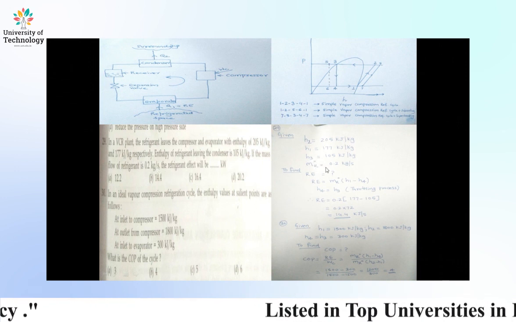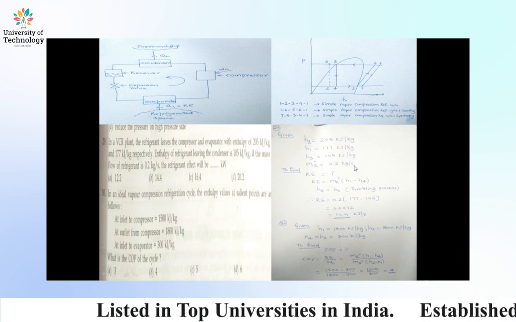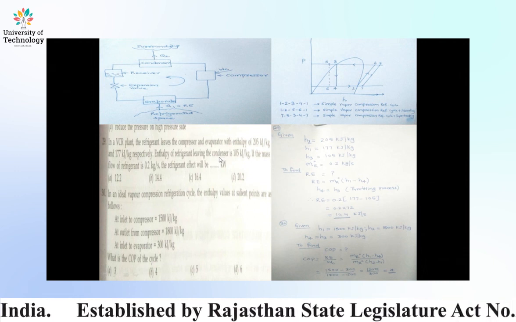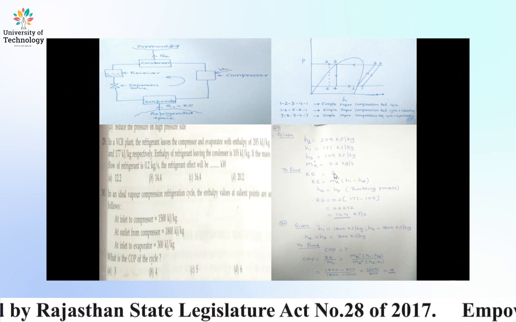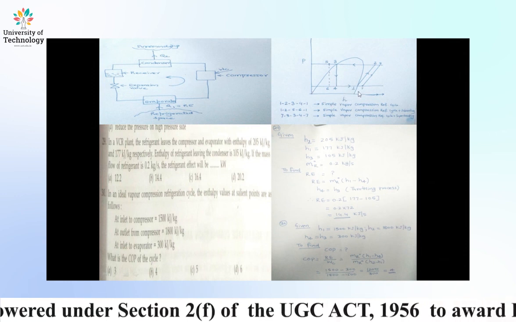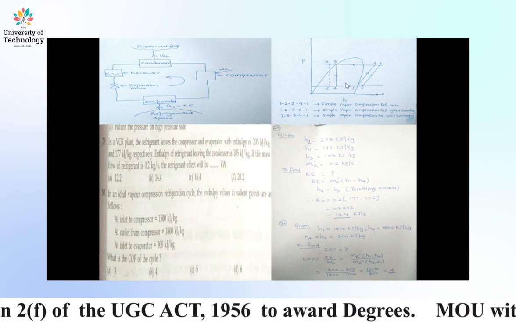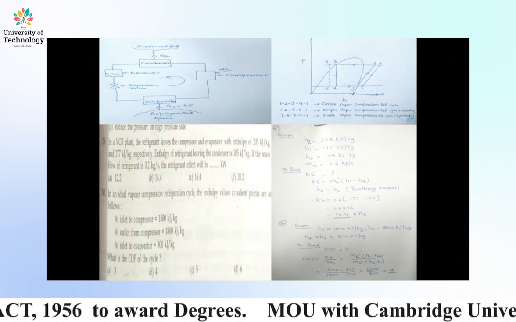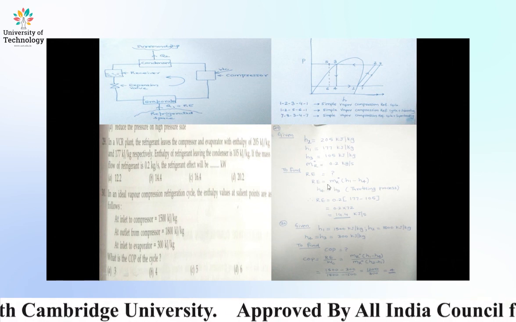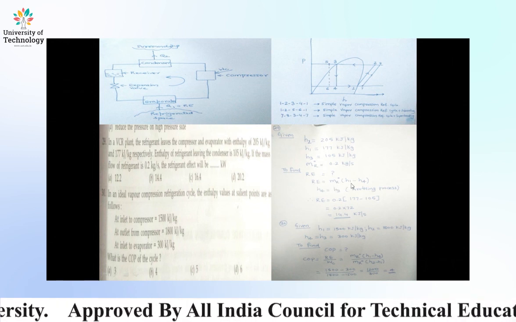So what is the refrigerant effect? It is the amount of heat extracted by the evaporator for the cooling purpose, which equals H1 minus H4. So refrigerant effect equals Mr dot multiplied by H1 minus H4, and H4 equals H3 because this is a throttling process.